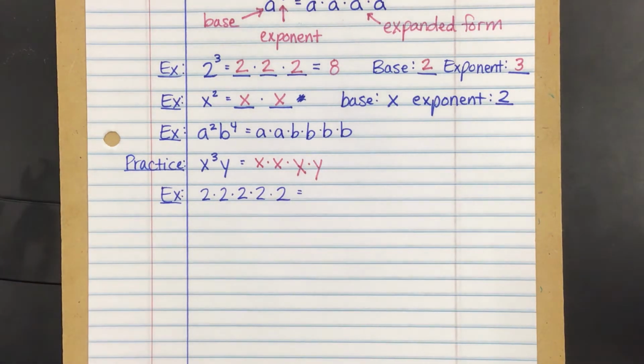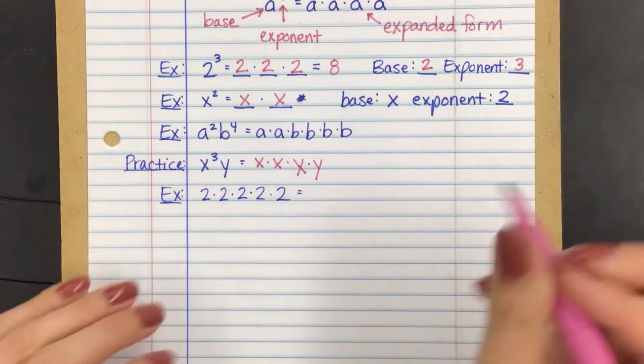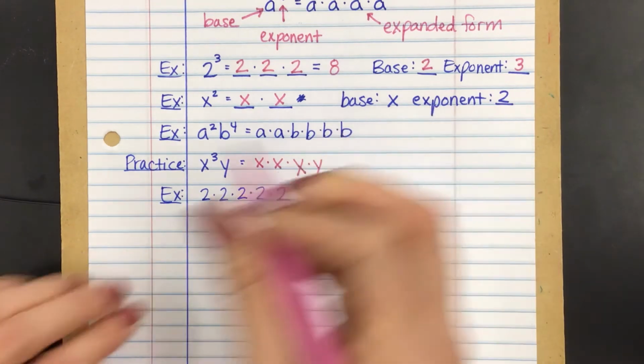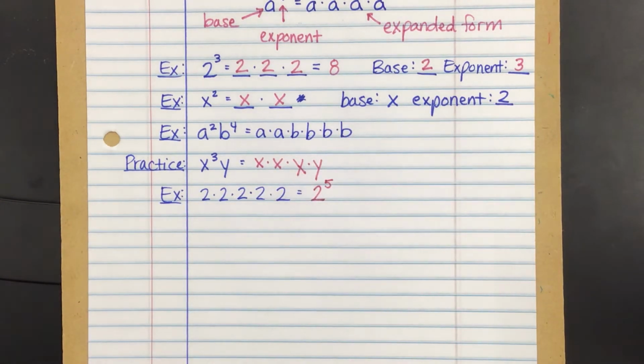Okay, and we want to write that in exponential form. So what is my base going to be? 2. What's the exponent going to be? 5. Fabulous. Okay, it's a nice condensed way of writing it, right?